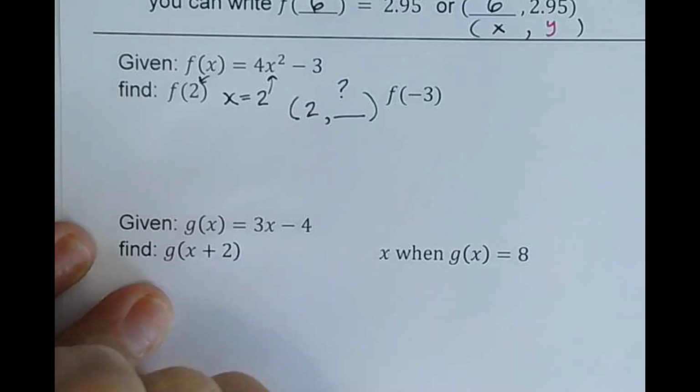I recommend to use parentheses anytime you substitute. For f of 2, I'll write the rest of the equation, and I'm going to take x out and make a space there to substitute.